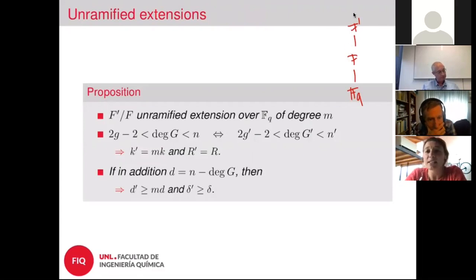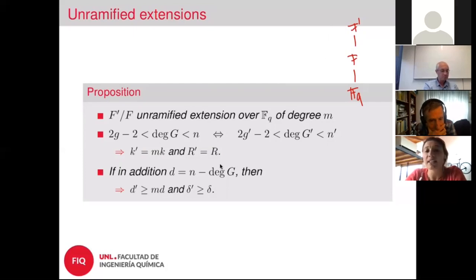But if this extension is unramified, so there are no ramified places here, then if we have a code in F which is a strong HG code, the conorm code is also going to be a strong HG code, and vice versa.